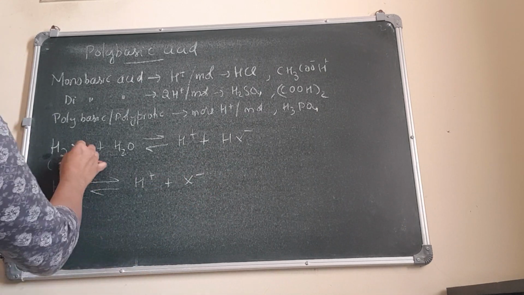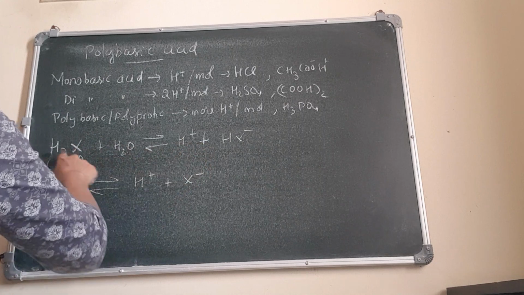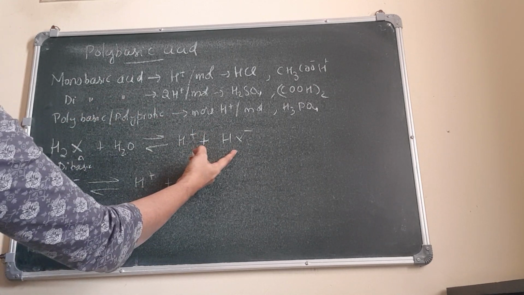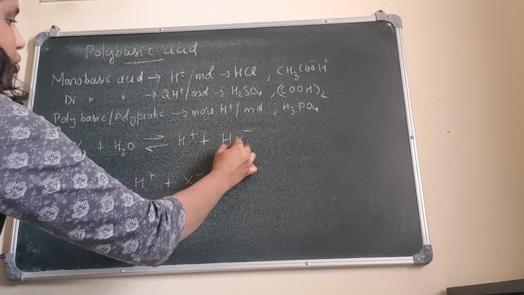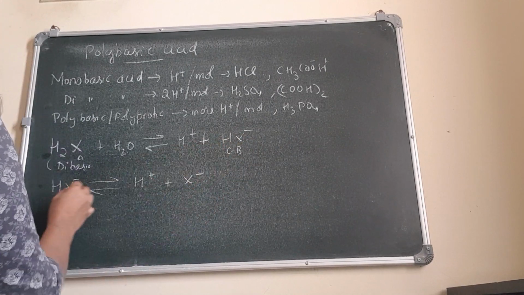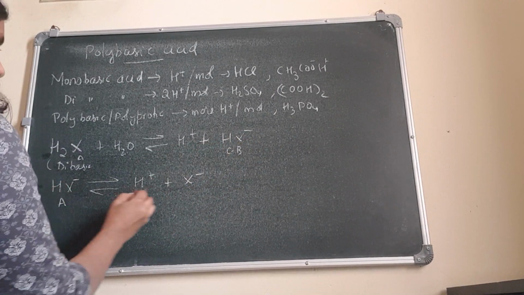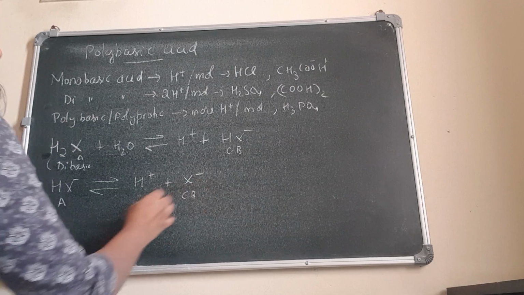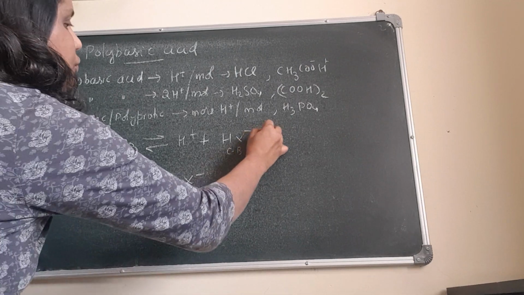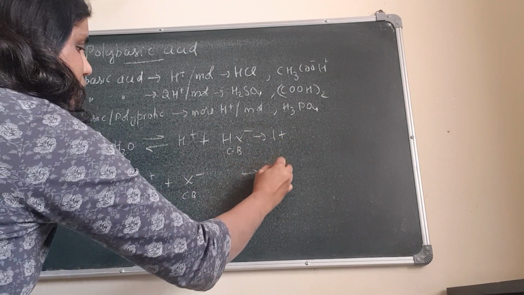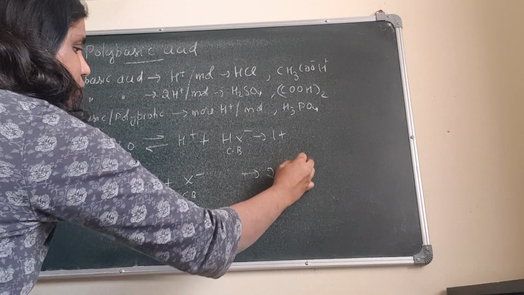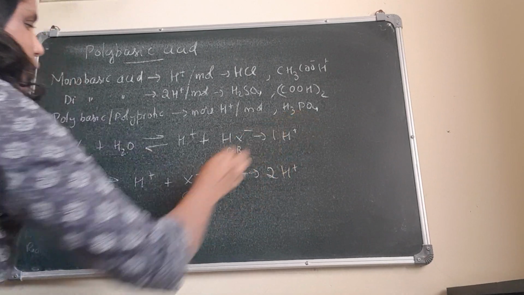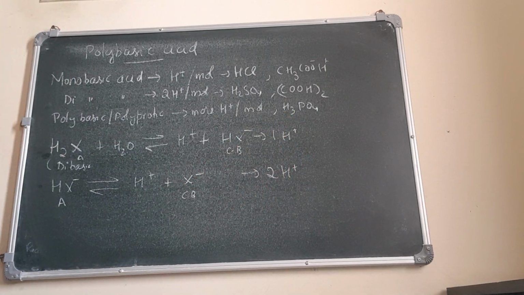Okay, so this is an acid. When it changes into this, one proton is lost, and this is its conjugate base. Here also this is an acid and this will be the conjugate base. Here the first proton is lost, here the second proton is lost. It is a dibasic acid, that means two protons or 2 H plus ions will be lost.